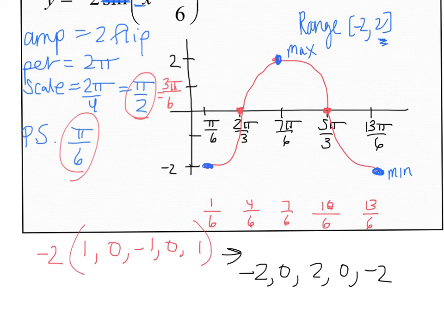So if we look at this function, an ordered pair for my maximum would be (7 pi sixths, 2), and an ordered pair for my minimum would be either (pi sixths, -2), or I could also give (13 pi sixths, -2). There's an infinite number of points we can list for max and min. However, we typically will just ask you for one of them that's in the first period you would have graphed.